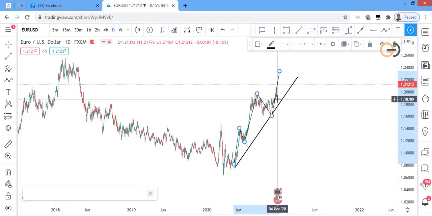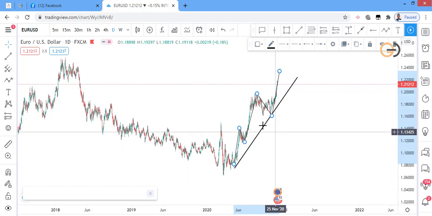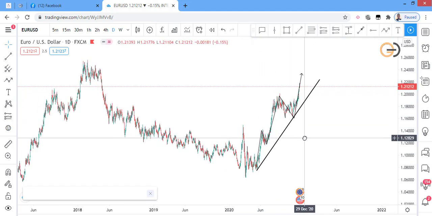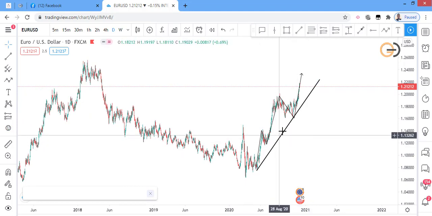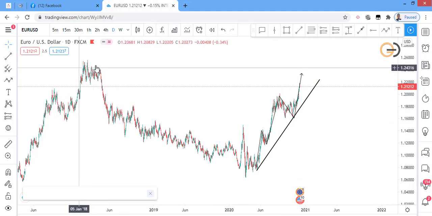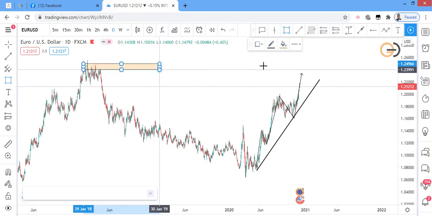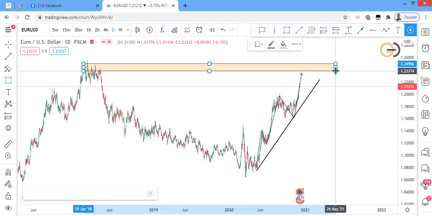I'm talking about technical analysis now. And then after we have discovered that, we want to look at levels the price got to and reversed. Now if you look to the left, you can see that there's a level here. Alright, now I can take my rectangle tool and put a rectangle box and extend it to the left.